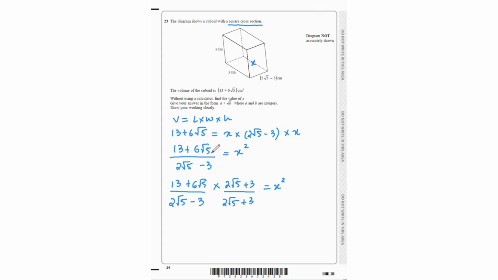Next, the numerator gets multiplied with the numerator and denominator with the denominator. So 13 plus 6 root 5 times 2 root 5 plus 3, divided by 2 root 5 minus 3 times 2 root 5 plus 3, equals x squared.